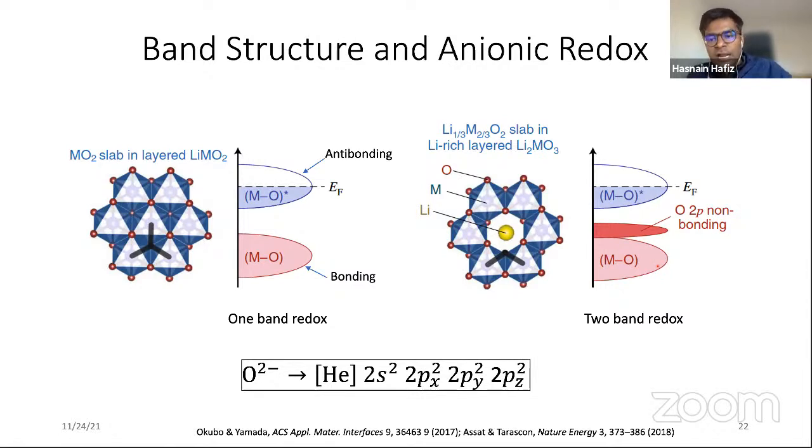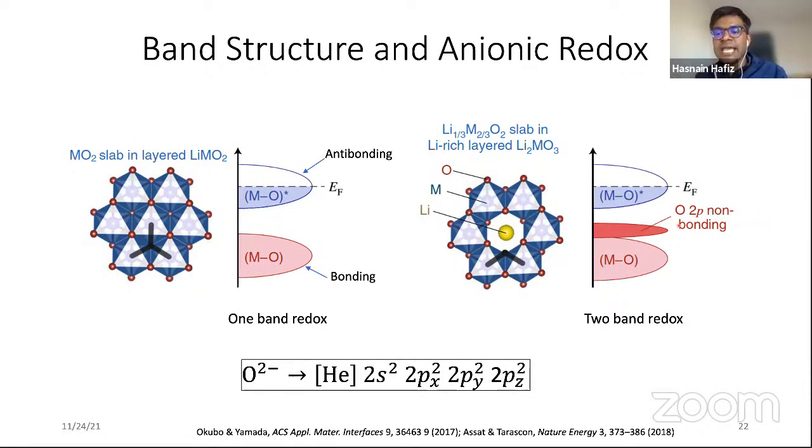So therefore, understanding this oxygen non-bonding orbital and where it is located is very important for the design of high capacity batteries, especially how this oxygen orbital evolves during the charging and discharging process, and how it interacts with the neighboring metal oxygen bands.